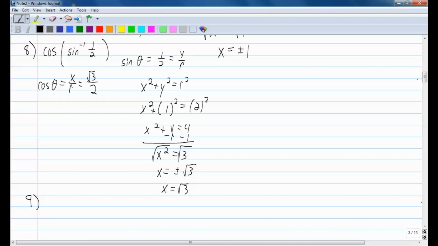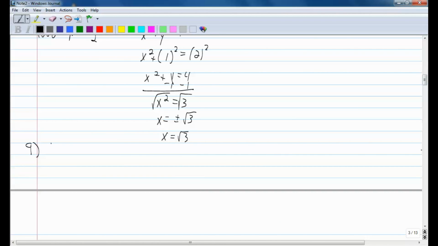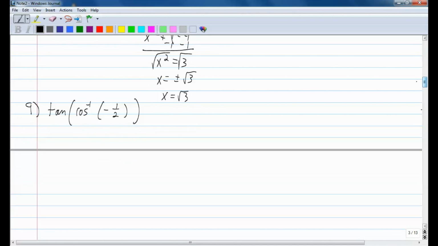Alright, number 9. The tangent of the inverse cosine of negative 1/2. So that inside means that the cosine of some angle measure is equal to negative 1/2. And cosine is x over r.